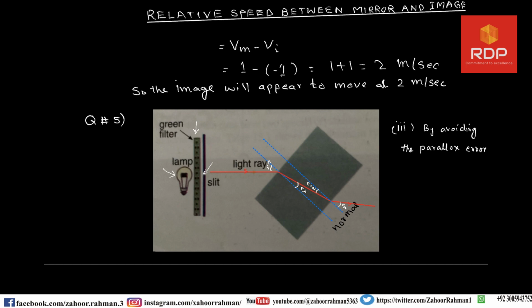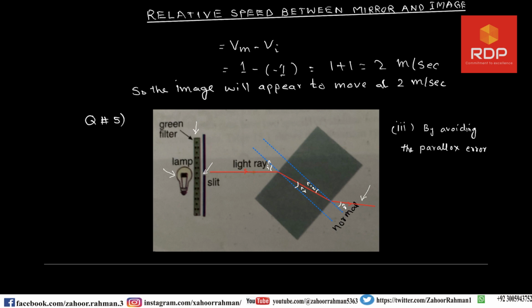So in this case, this red ray is bent towards the normal, as you can see. And then when it is emerging out in this particular area, it will move away from the normal.